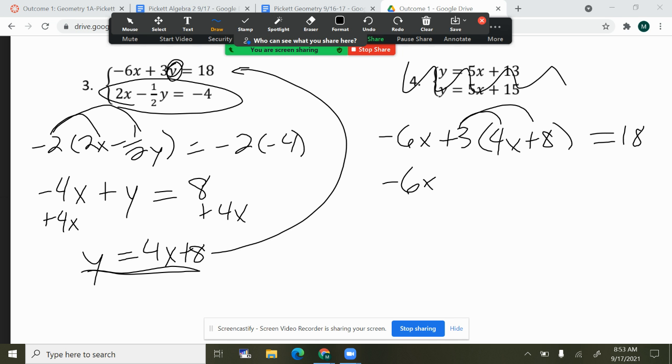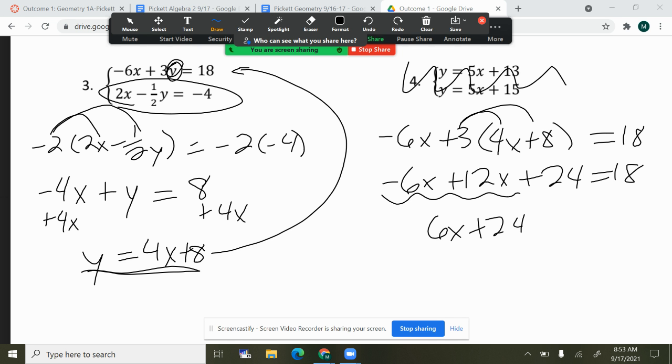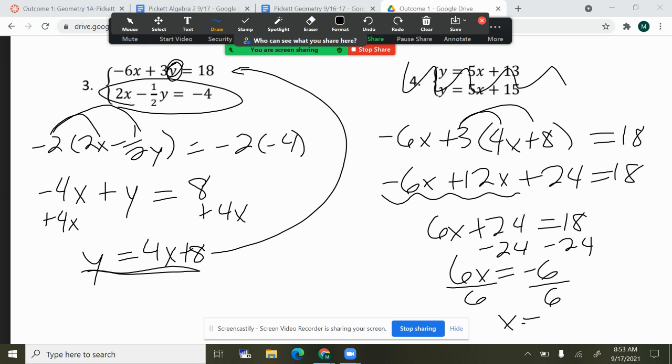Negative 6x plus 12x plus 24 is equal to 18. Combine our like terms: 6x plus 24 equals 18. Subtract 24 from both sides, and we get 6x is equal to negative 6. Divide both sides by 6, and we get x is equal to negative 1.